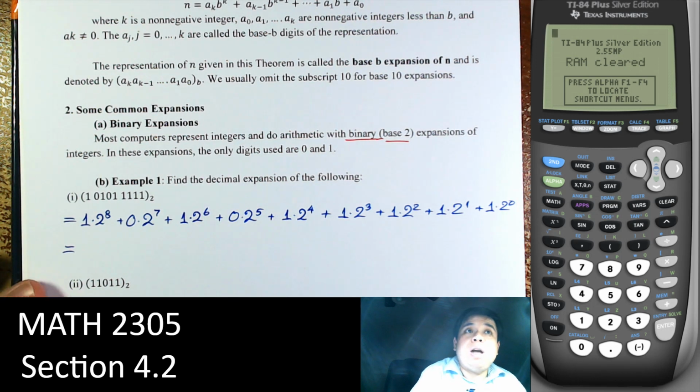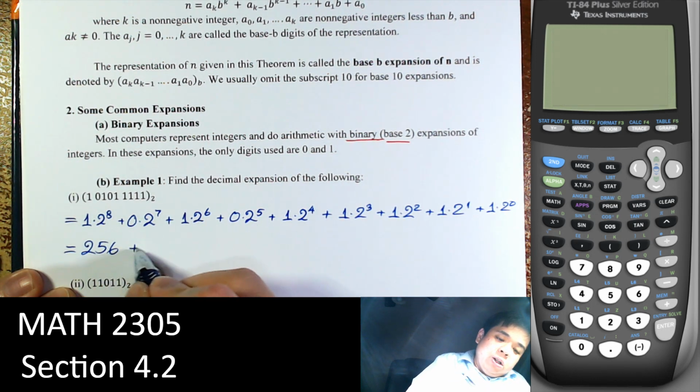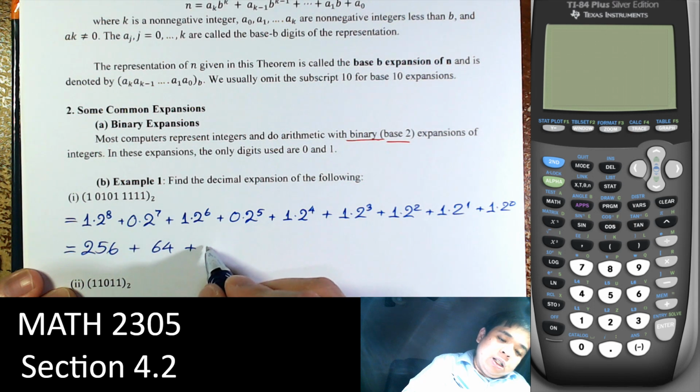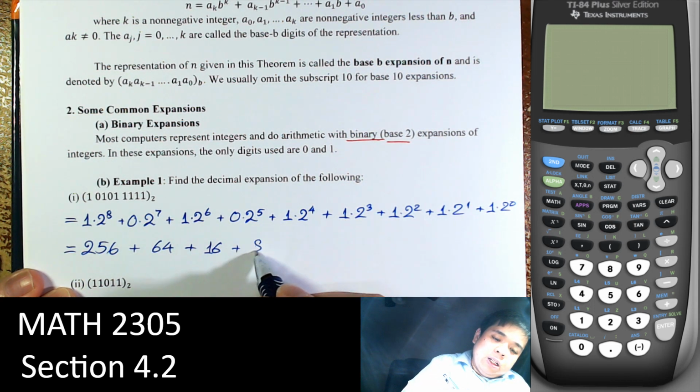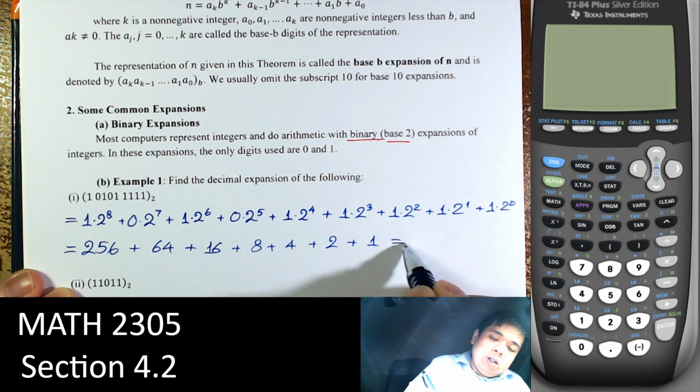Right, 2 to the 8 is 256, then 0, 64, 32, 16, plus 8, plus 4, plus 2, plus 1.